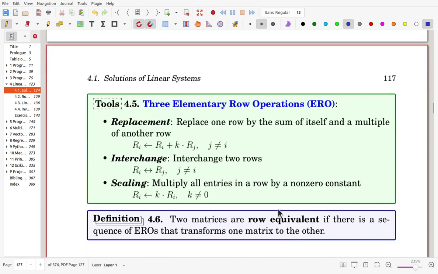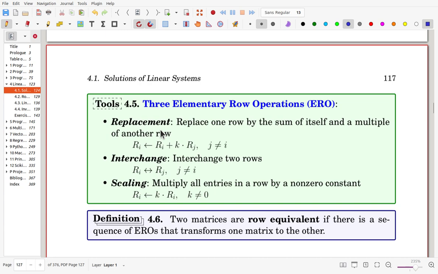Okay. Here we collected these operations, 3 elementary row operations. The first one is replacement. Replace one row by the sum of itself and a multiple of another row. The ith row is replaced by the ith row plus k times the jth row.